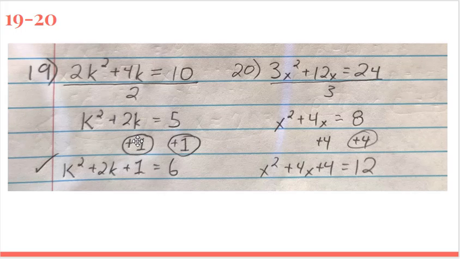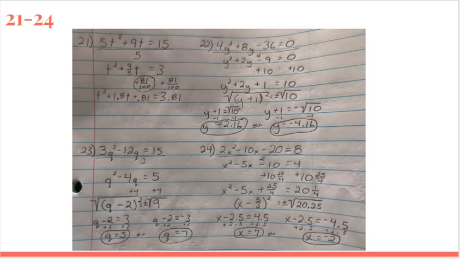Half of 2 squared is 1. Done. Same thing here. These are all multiples of 3, so when you divide by 3 to get your a value to 1, you end up with integers again. Oh well, half of 4 is 2, 2 squared is 4. Easy. Okay. It's more complicated and more fun if your b value is actually a fraction. So anyway, moving on. Maybe that'll be a challenge question or something.